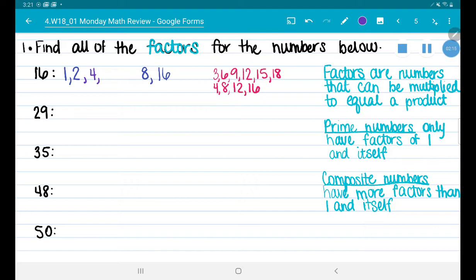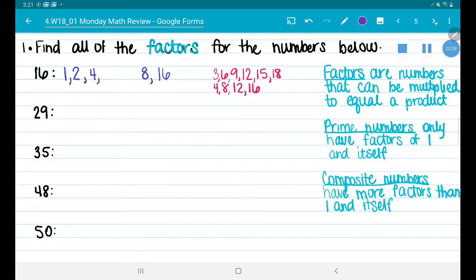So since I've had 4 twice, I know that's all the factors. The factors of 16 are 1, 2, 4, 8, and 16. It has more factors than 1 and itself. So 16 is a composite number.